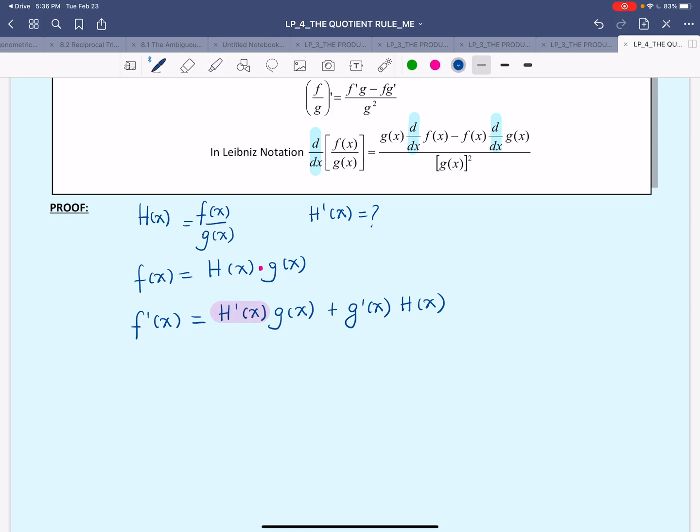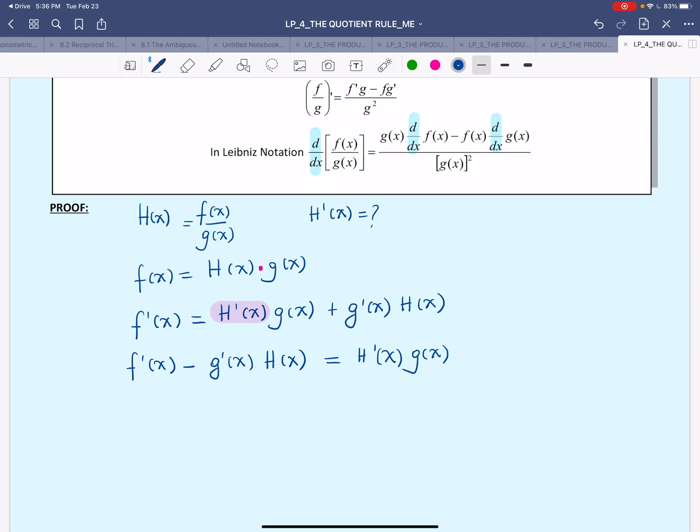So we're going to take this term to the other side, and we'll say that f prime x minus g prime x times h of x equals h prime x g of x.